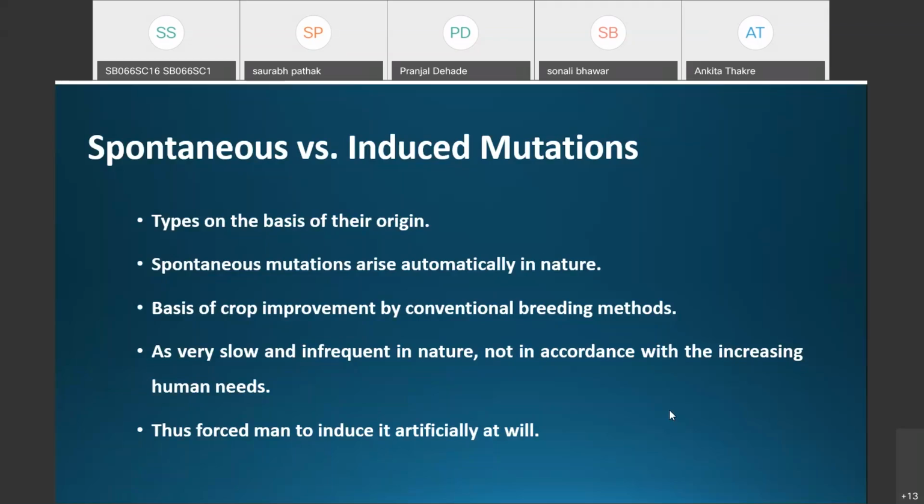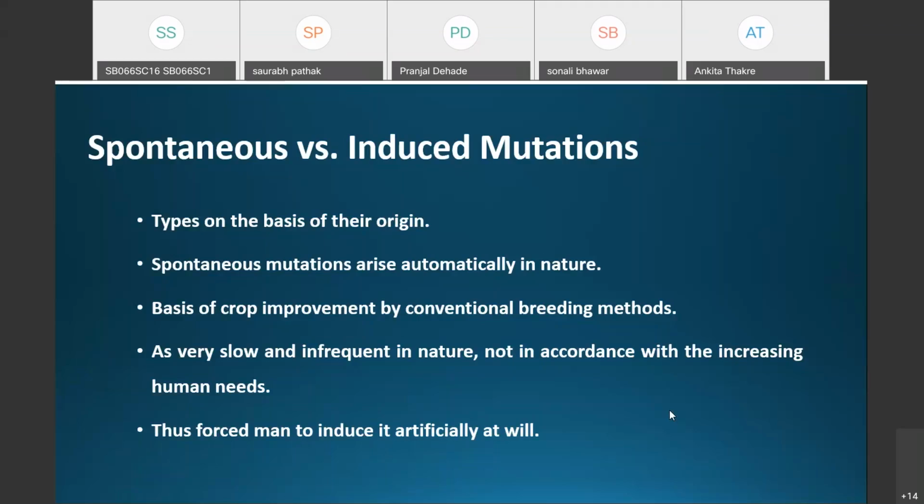These spontaneous, or natural, mutations keep arising constantly and continuously in nature, and they are the basis of all crop improvement by conventional breeding methods.